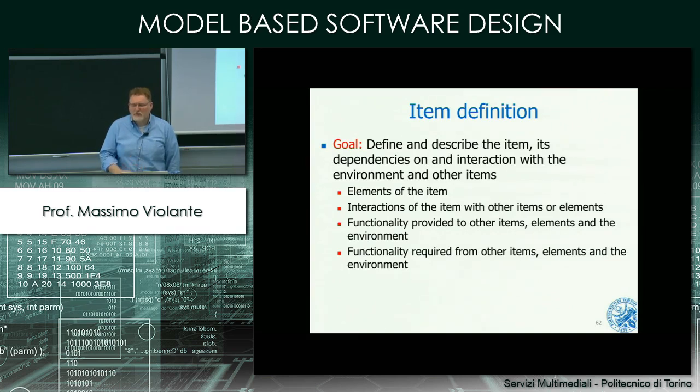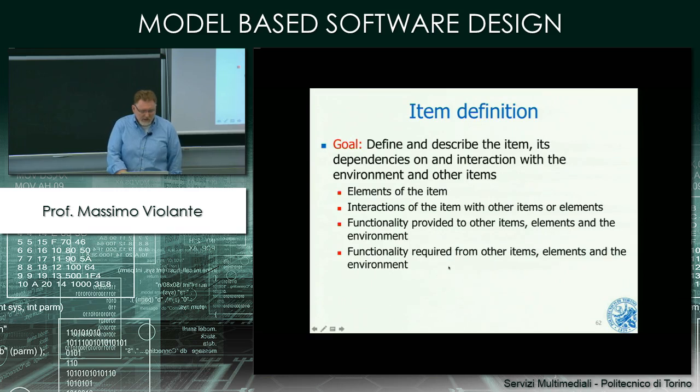Which are the elements that belong to our item? This is very important because once we know which are the elements of the item, we know what can be broken. Based on that, we know what we have to do in terms of analysis of the misbehavior that could happen. And based on that, we can take the proper countermeasures.